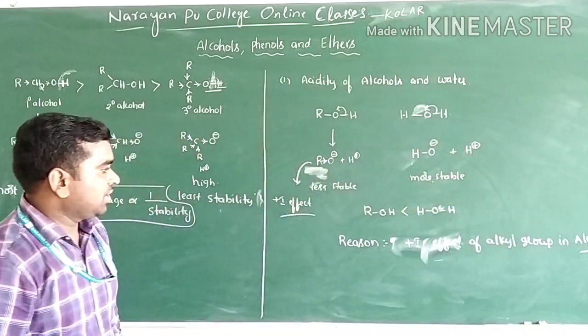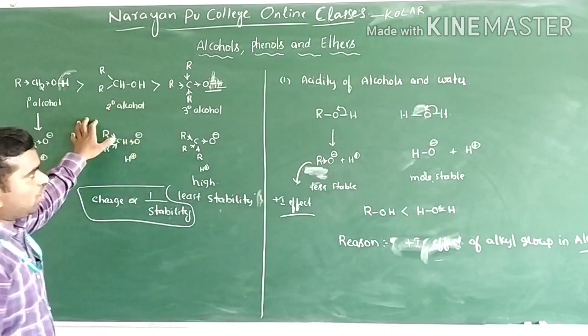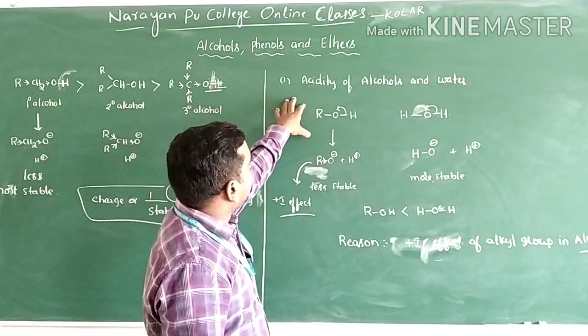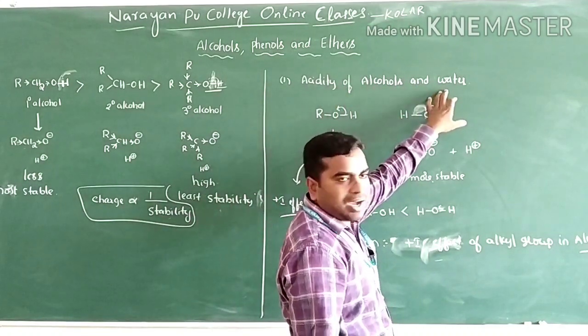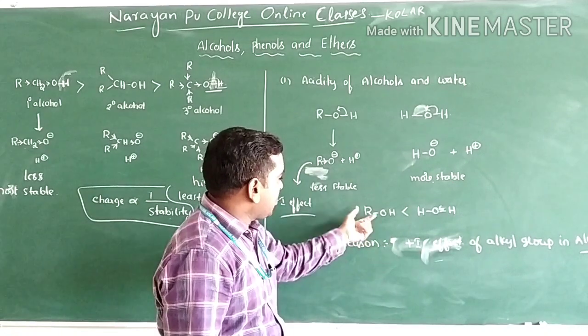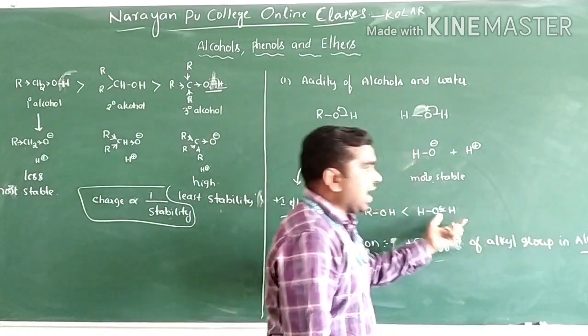That you have to write. So this is about the acidity of alcohols. We have discussed the acidity of alcohol, and also compared the acidity of alcohols with water. And the reason why alcohols are less acidic is the plus I effect of the alkyl group in alcohol.